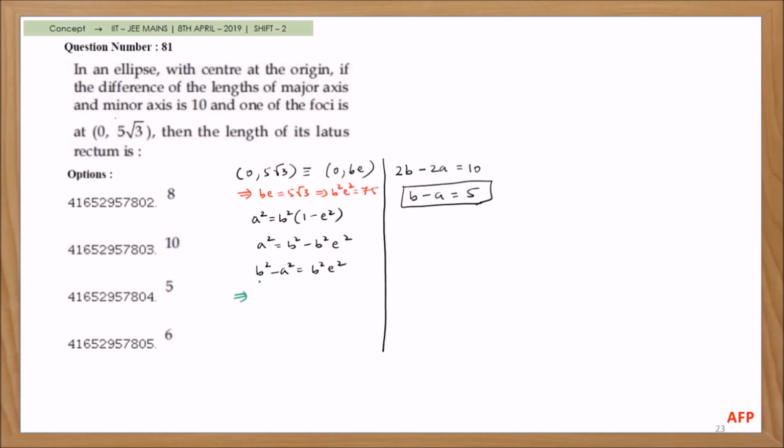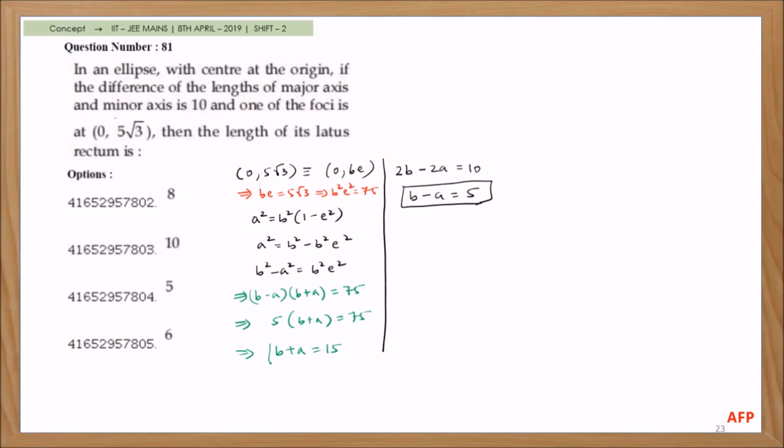This implies b square minus a square, which is b minus a into b plus a, is equal to 75. So b minus a is 5, into b plus a is equal to 75. So this implies b plus a is equal to 15.